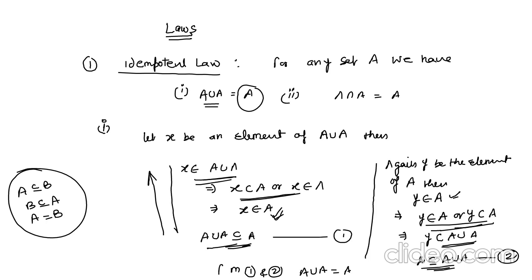Putting equations 1 and 2, A union A equals A. Similarly, you can proceed with the second part. So we have some laws you can prove similarly. Try to solve the other laws.